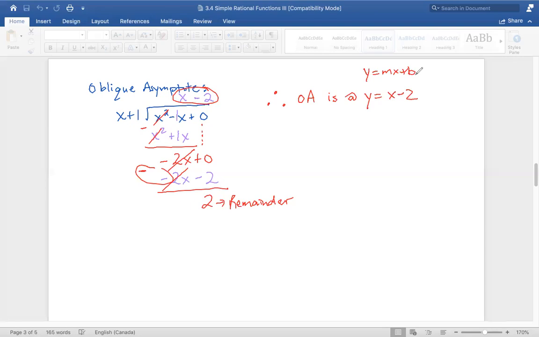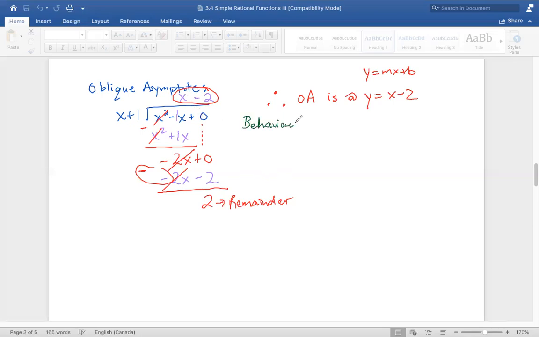Let's move on. Let's look at my behaviors. So I don't have a horizontal asymptote, right? I have my oblique asymptote. I've looked at what's happening around the vertical asymptote. Let's look at my behaviors around the oblique asymptote.